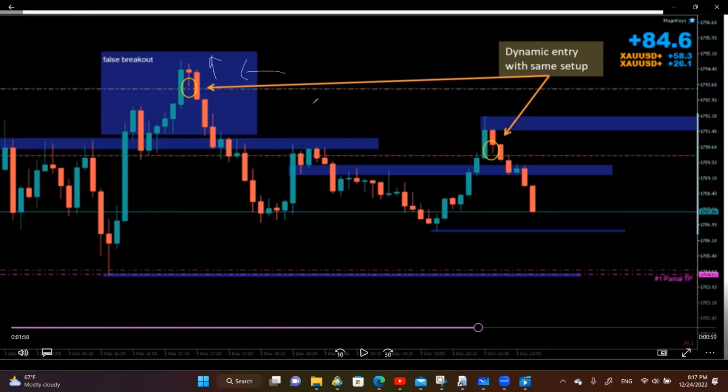If you see your setup, whatever the price is doing, I don't care. If I see my setup, it matches my criteria, my strategy, my entry, my risk appetite, my risk to reward, I will take it every time. I will take it 100 times. Even if I lose 100 times, I will take it. Why?